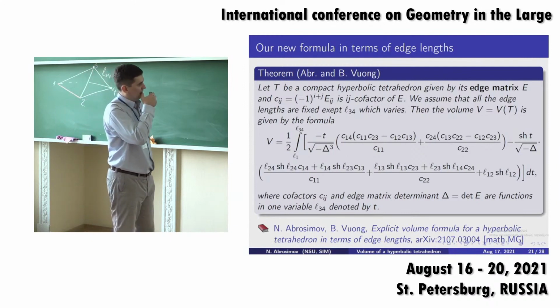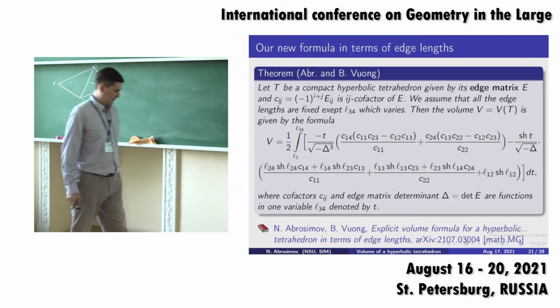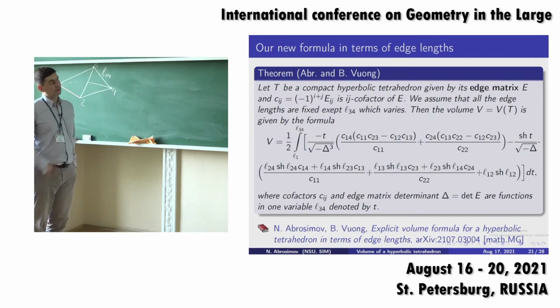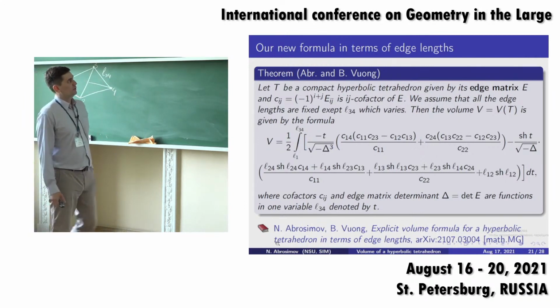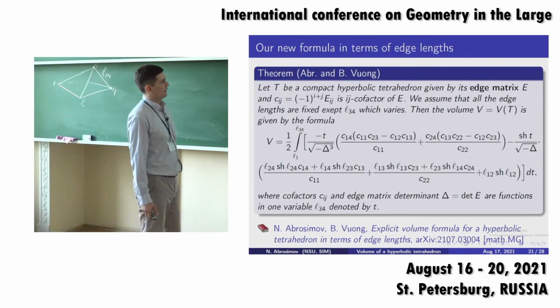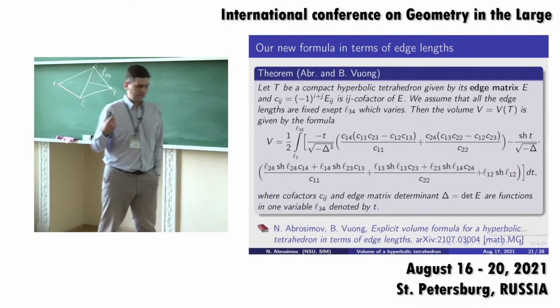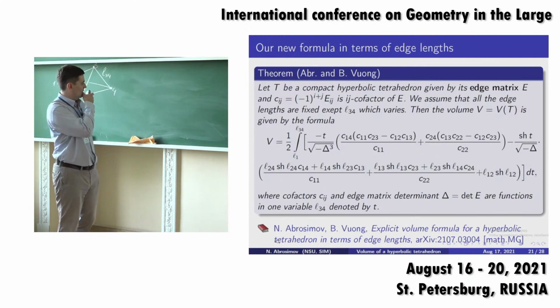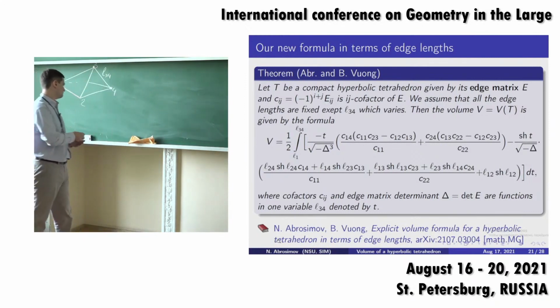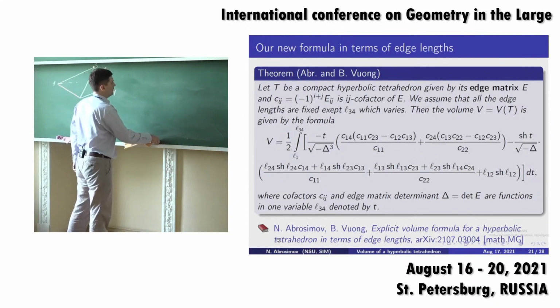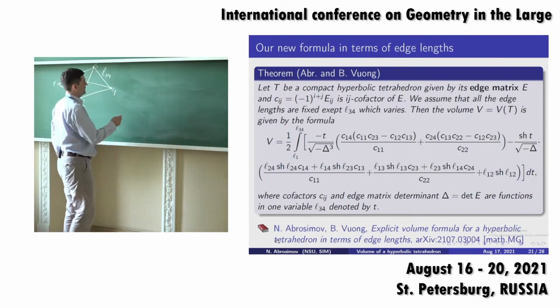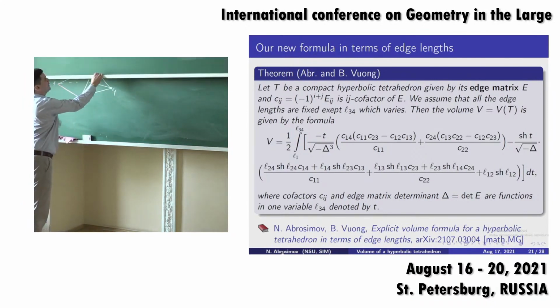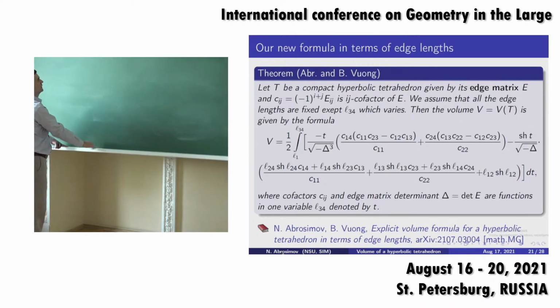Well, one can say that this formula is more complicated than the classical Sforza formula, and I completely agree. But the reason is the following. Well, consider once again the Schläfli formula for a hyperbolic tetrahedron.